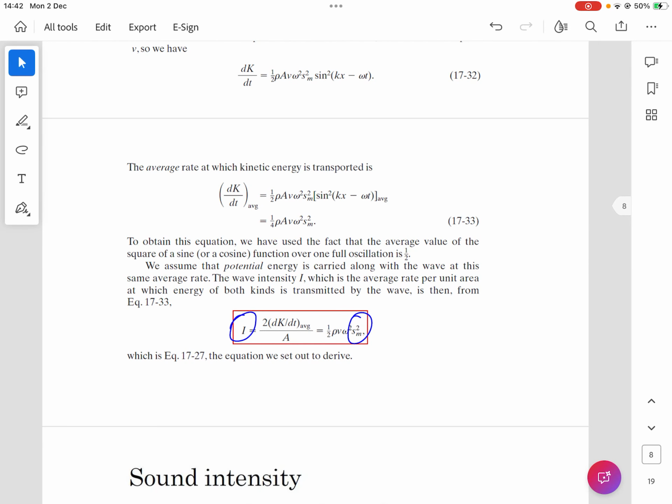But when I ask you what the relationship is between the intensity and the amplitude of the wave, you should know that I is proportional to Sm squared, or amplitude squared. That's what I want you to know. Okay.